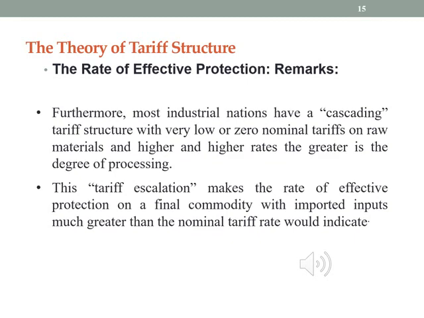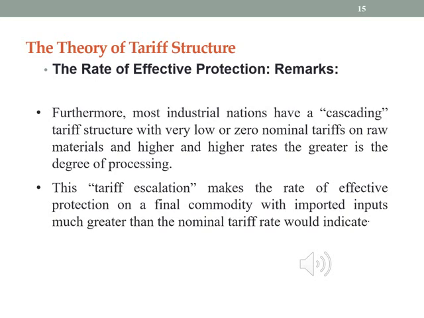Second, most industrial countries have what we call a cascading tariff structure. What is the meaning of a cascading tariff structure? It means that the tariff structure is with very low or zero nominal tariffs on raw materials and higher and higher tariffs the greater is the degree of processing. So the tariff rate increases as the degree of processing of the inputs imported to the country increases.